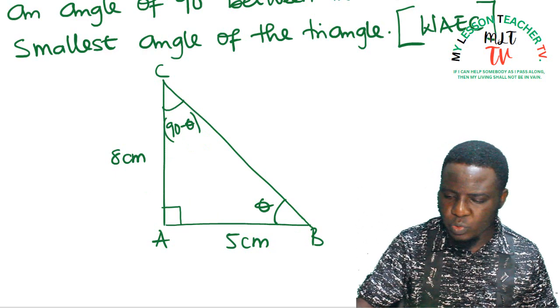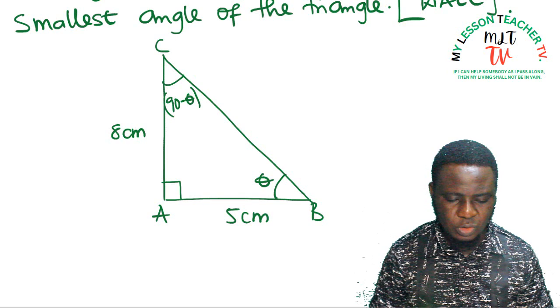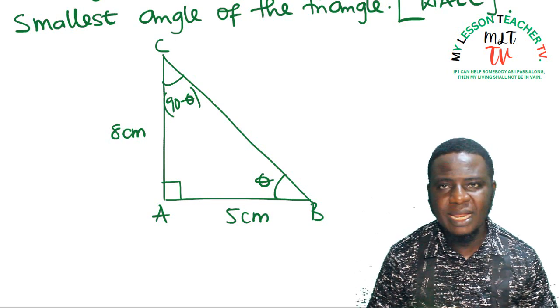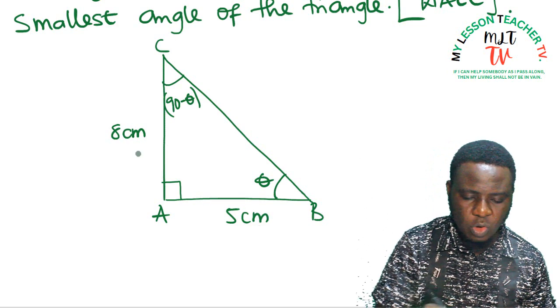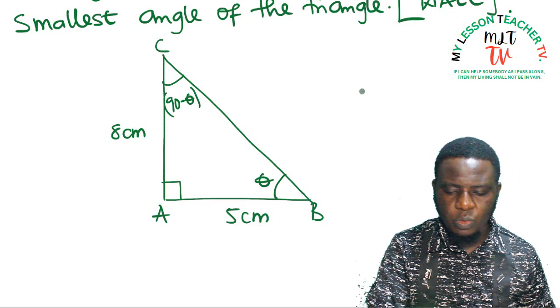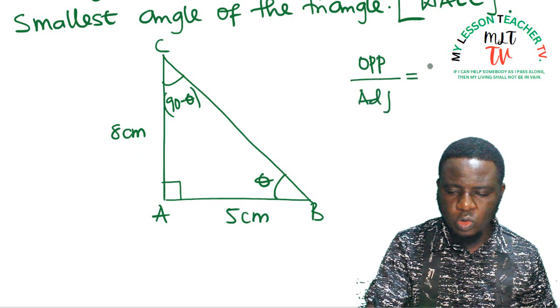So how do we get the value of angle 90 minus theta? We can therefore use our trig ratio by finding the ratio of the two sides. We have it that the ratio of the opposite to the adjacent side is equal to tan of 90 minus theta.